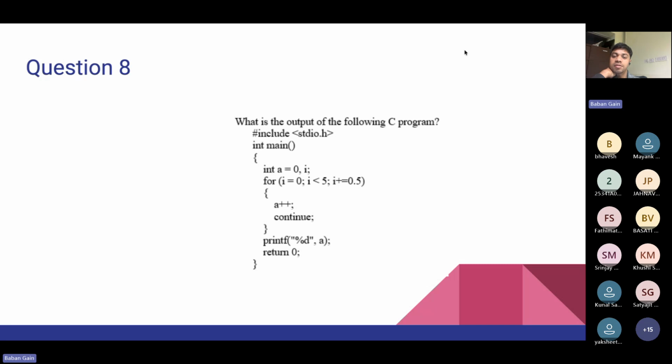It is also not 9. Any other answer on this?